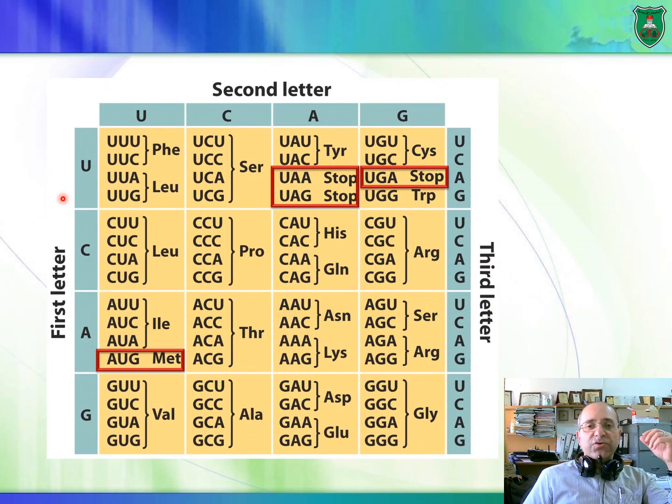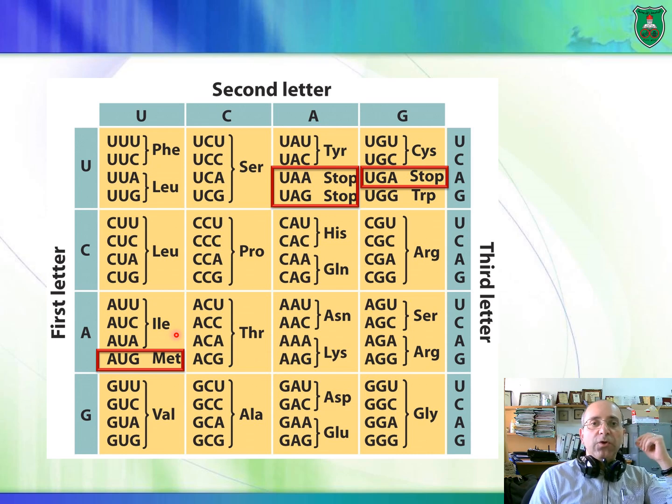So scientists tried to translate these codons, these triplets, into amino acids. They did a lot of experiments, and they found that each codon, each triplet, is specific for a certain amino acid. Now this table is not for you to memorize, okay?